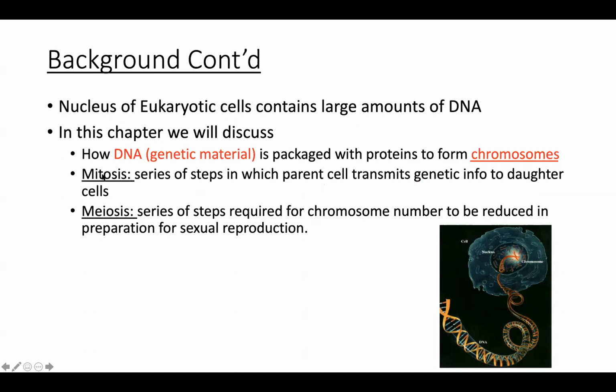This takes place in all of our body cells, right? So if you didn't get that last week, make sure you jot it down now: mitosis is the production of new daughter cells that are identical. This happens in our body cells, or our somatic cells. We have two types of cells in our bodies from a general standpoint: our somatic cells and our sex cells.